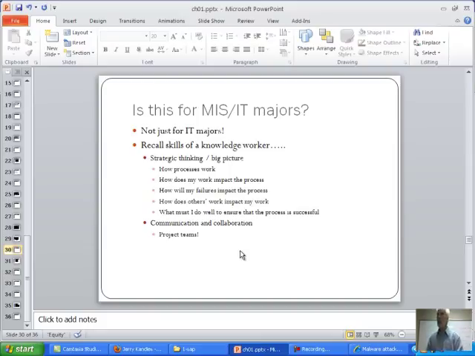If you have this process-based understanding of what goes on, you're much more hireable. You look a lot better than the person who doesn't have this. So that's why we're focusing on it, giving you some knowledge worker type skills.